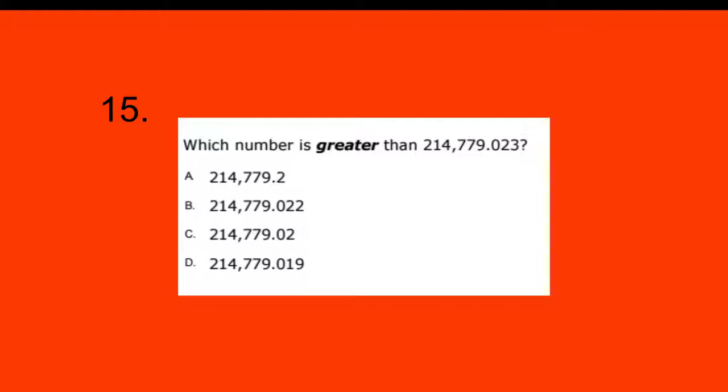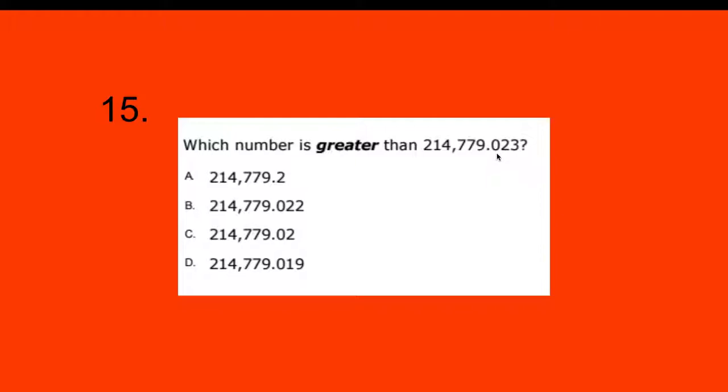The next question is number 15. Which number is greater than 214,779 and 23 thousandths? Again, I have to look at each of my numbers. There's a 2 in the 100,000, there's a 1 in the 10,000, there's a 4 in the 1,000, 7 in the hundreds, 7 in the tens, 9 in the ones.